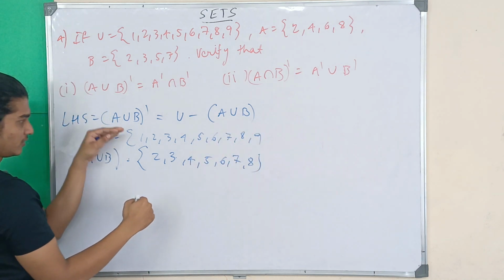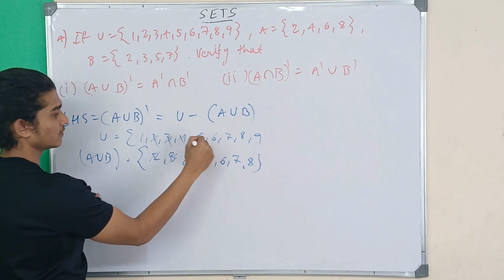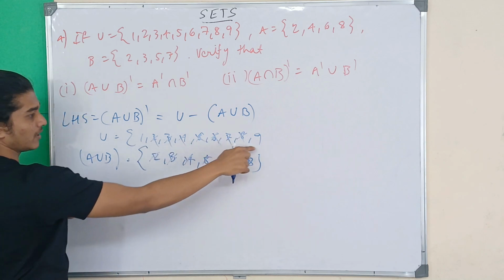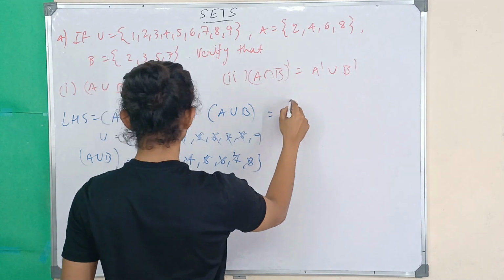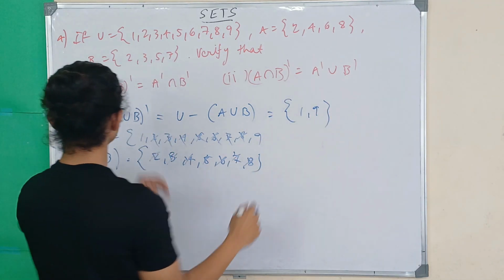If you remove this from this, these are the elements which get cancelled. You're left with 1 and 9. So the answer for this is 1, 9. This is your LHS.